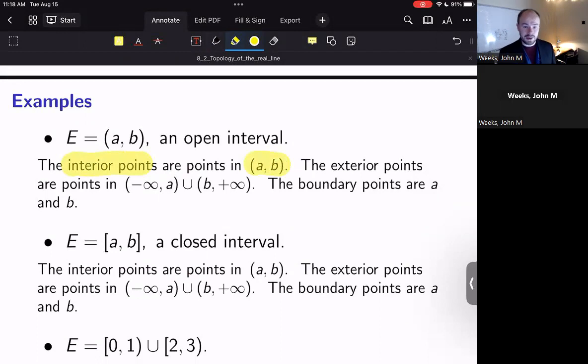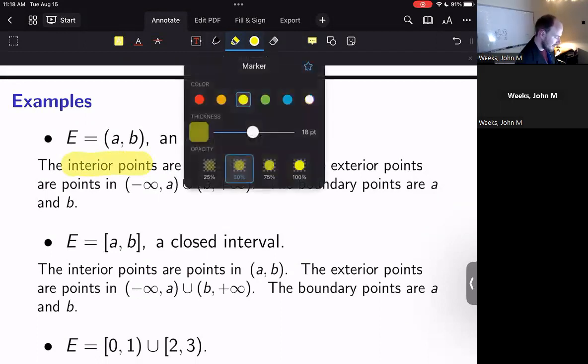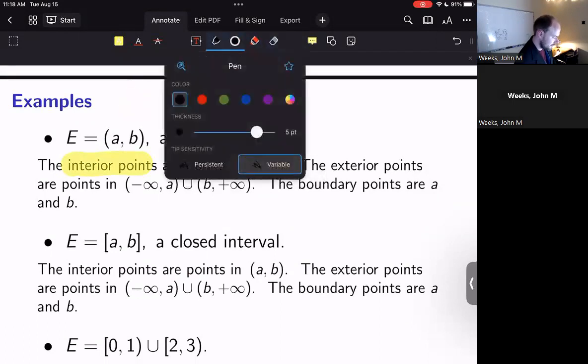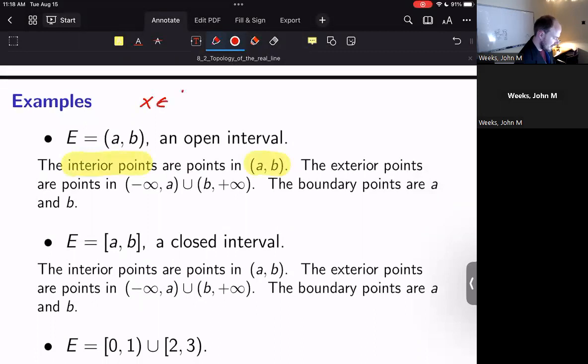Any interior point must be inside of the set, because we know that for any point X inside of AB, X is not A and X is not B. Because of this, there's going to be some distance, some wiggle room, that the point X has before it reaches the boundary points at A or B respectively.